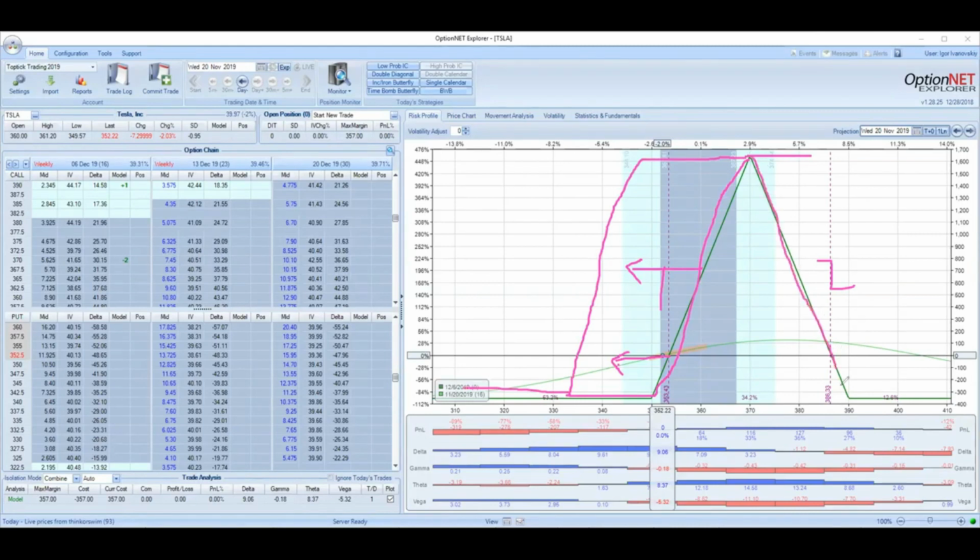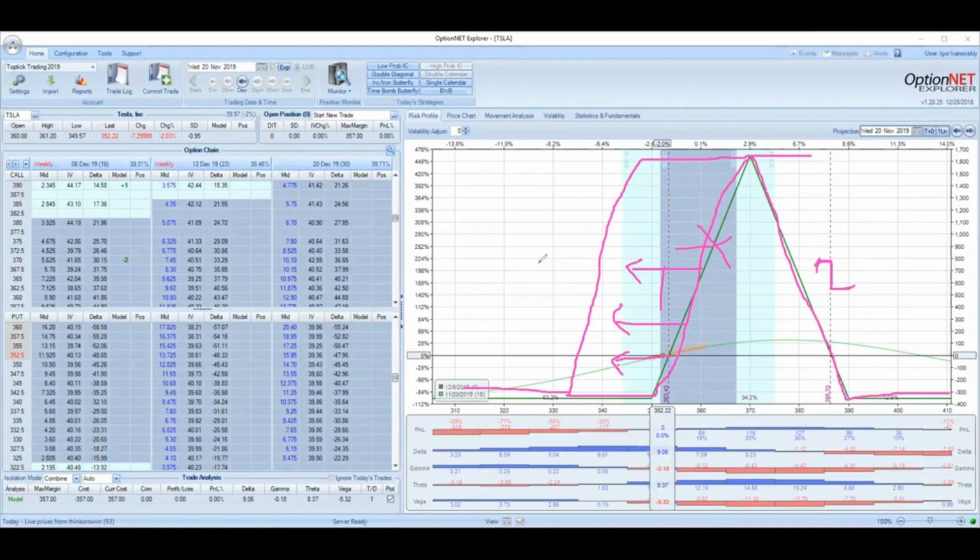And this is what my condor would look like. It's going to be a skinny condor, but it's going to be a condor nonetheless. So I have the original credit spread here. I'm closing out the original put debit spread, and I'm opening a new debit spread.